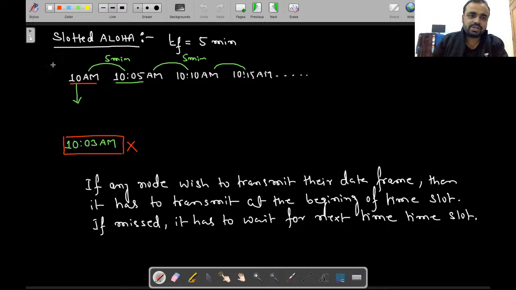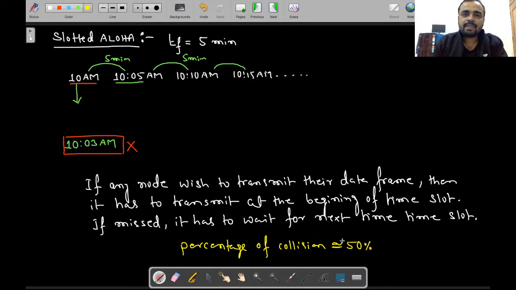If you talk about the percentage of collision, this is almost 50%. Got it?